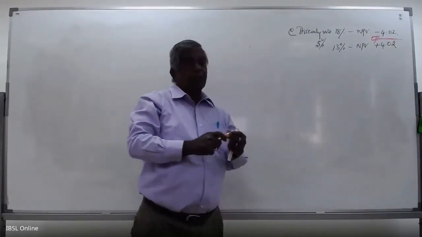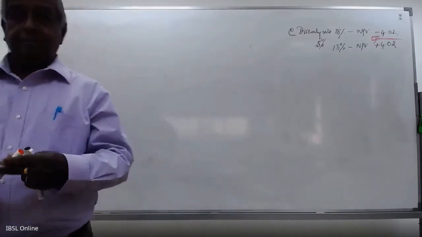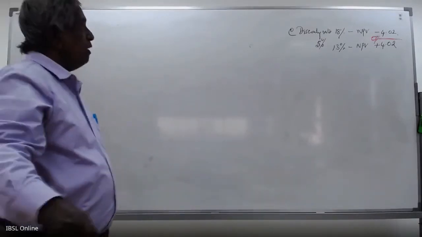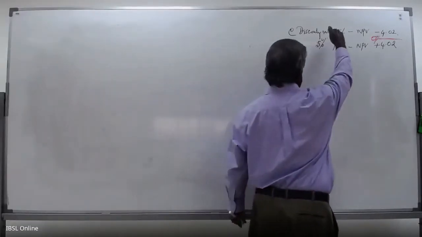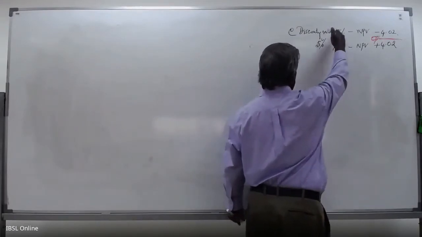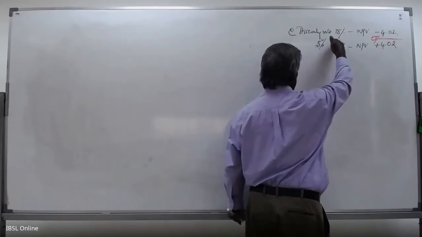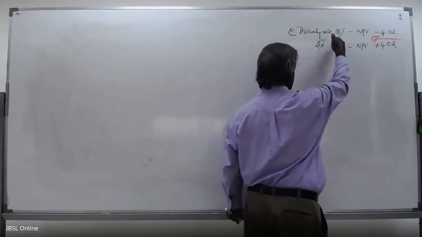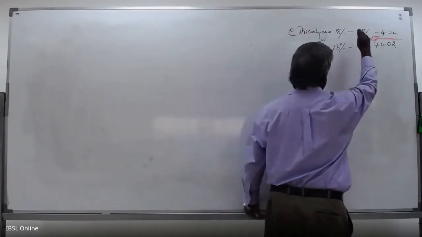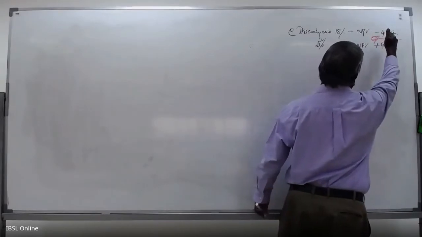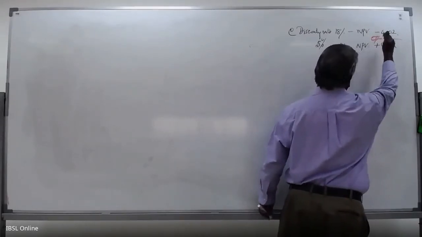I hope you understand. When the discounting rate is reducing from 18 to 13, maybe 18, 17, 16, 15, 14, 13, the NPV is changing from a negative value to a positive value.